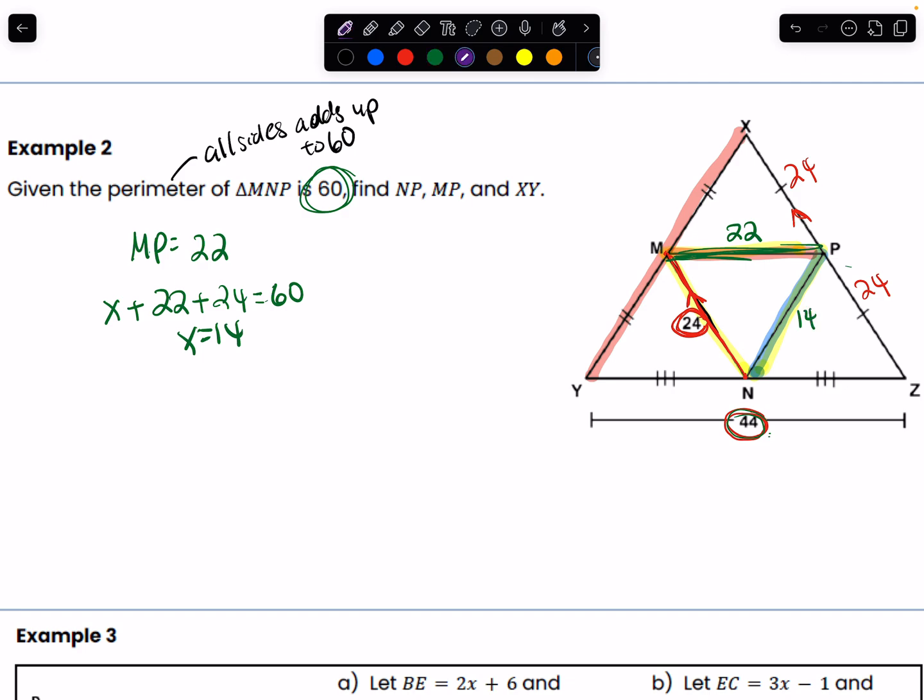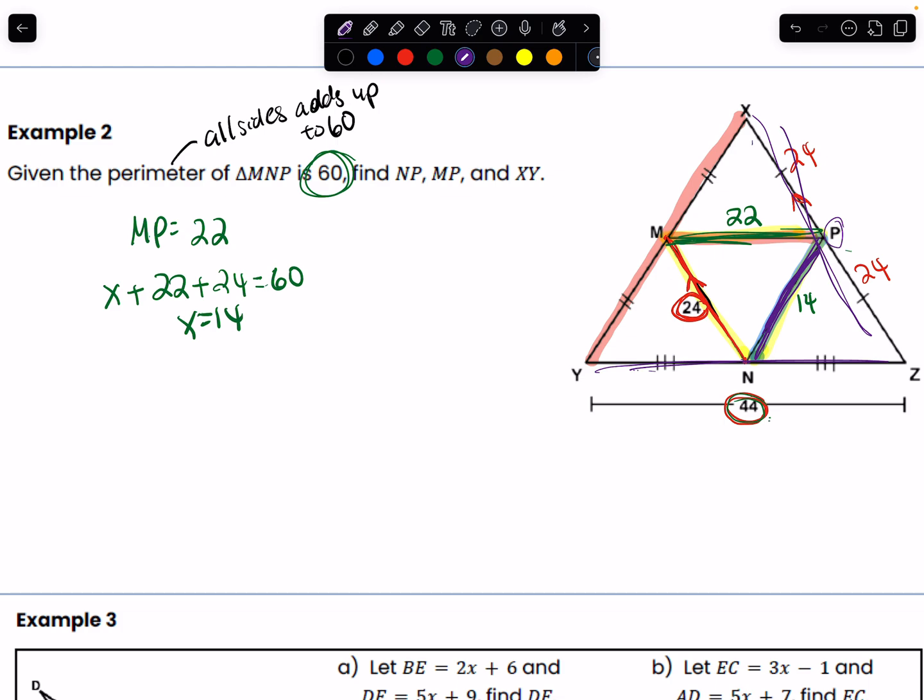Now, if you go ahead and take a look again, we realize that NP right here is also another midsegment because N is the midpoint of YZ and P right here is the midpoint of XZ, right? Now, using this information, after I know that this is a midsegment, I know that this segment is half the length of this segment right here, which means that this is 14, then this is 14 right here, and this is 14 right here.